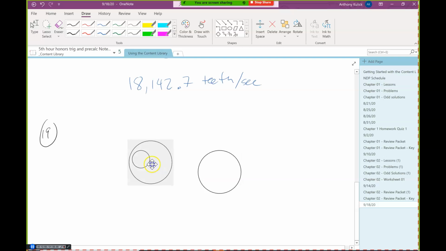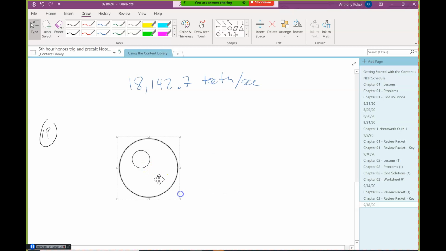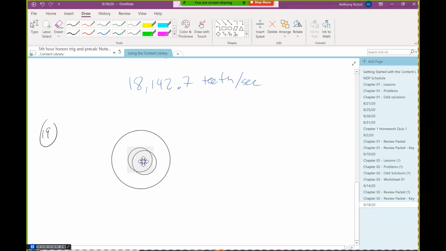There we go. Let's make these actually a little bigger. If I got to draw and label parts of them, which I think we do. That looks pretty close to me, putting them concentric.